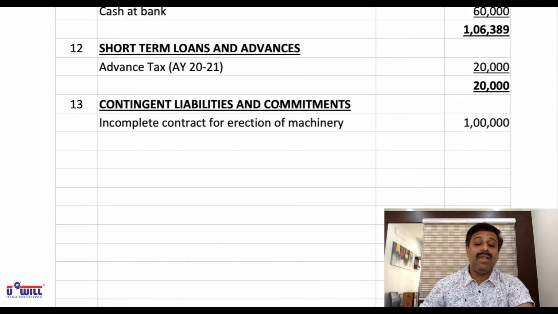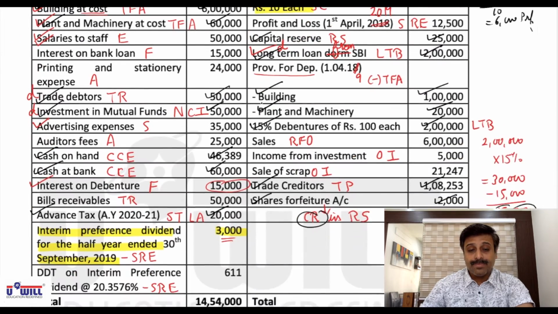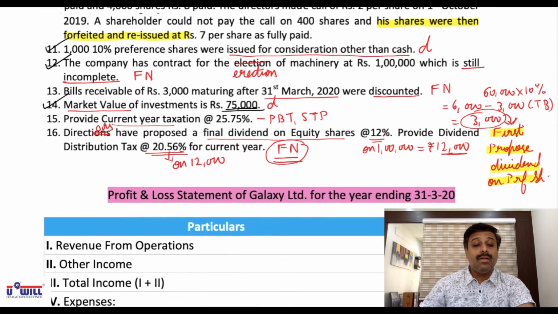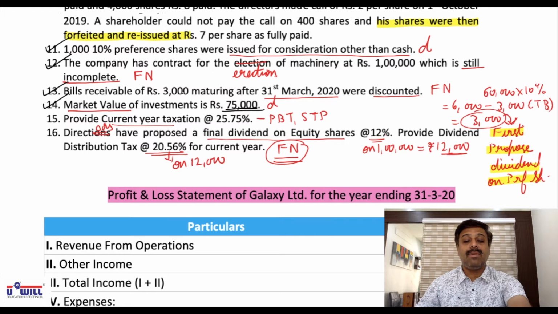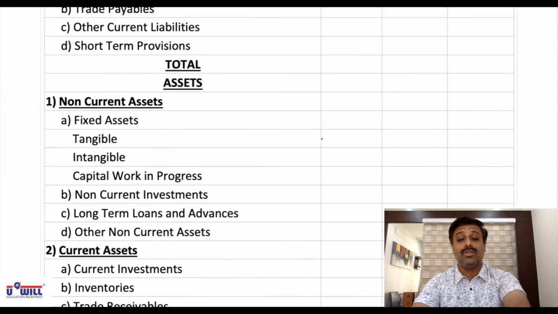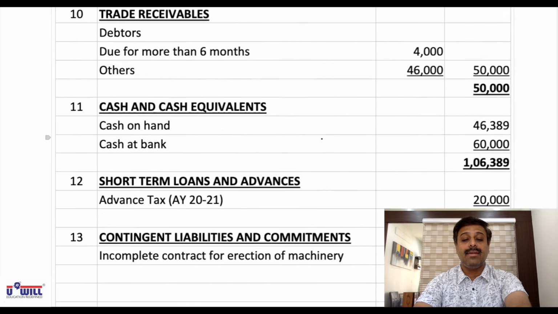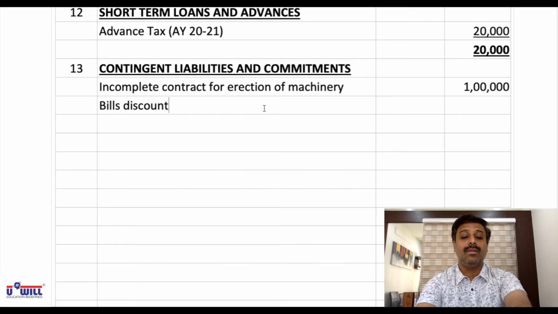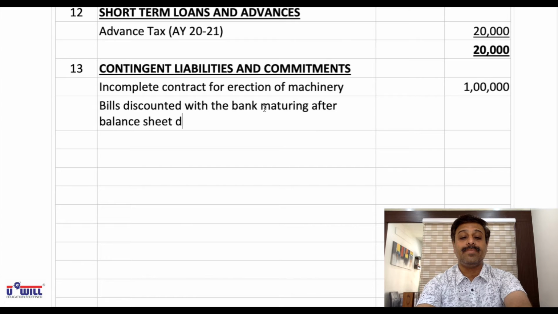Then what other item do we have in footnotes? Look at the adjustments. 13th, bills receivable of 3,000 maturing after 31st March 20, which were discounted. So bills discounted with the bank maturing after balance sheet date, 3,000.